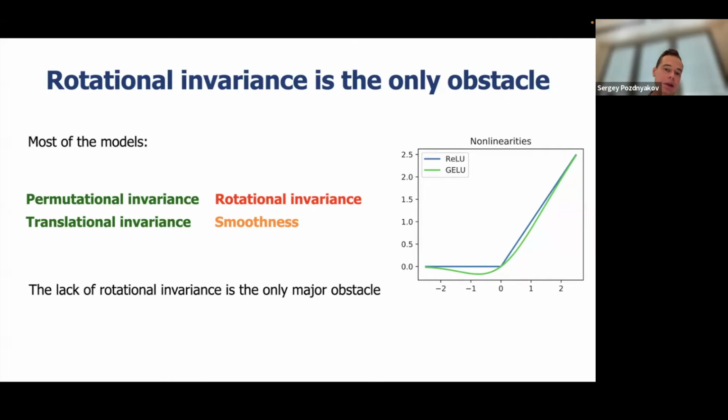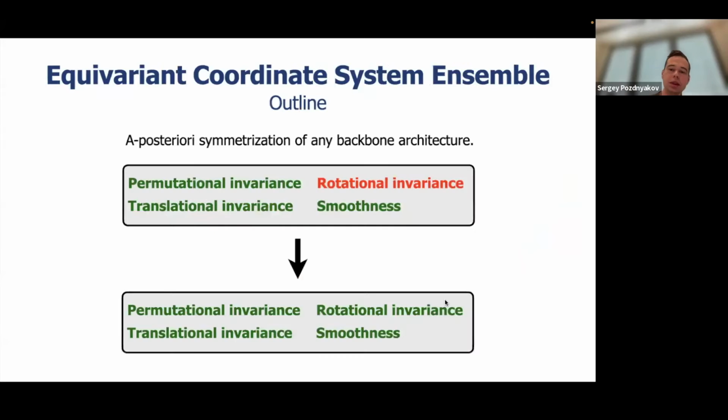Thus, summing up, the lack of rotational invariance is the only obstacle to using all the developments done for those domains for atomistic modeling. And now I come to the main contribution of our paper. Our main contribution is a general method that enforces rotational equivariance for any backbone architecture while preserving all the other constraints and smoothness in particular.